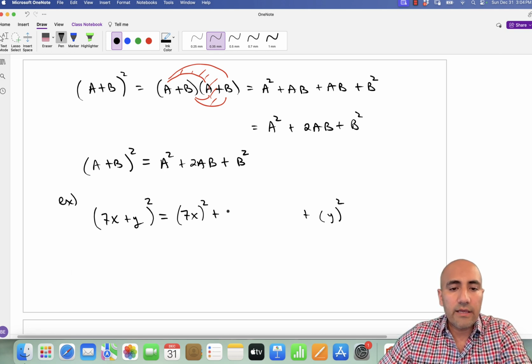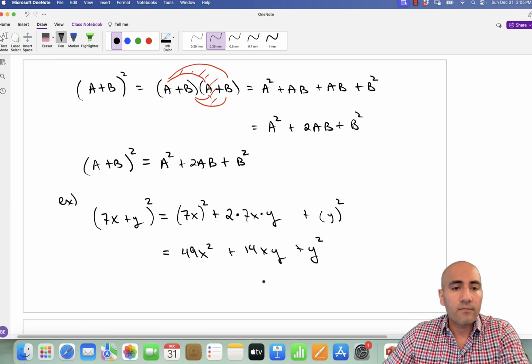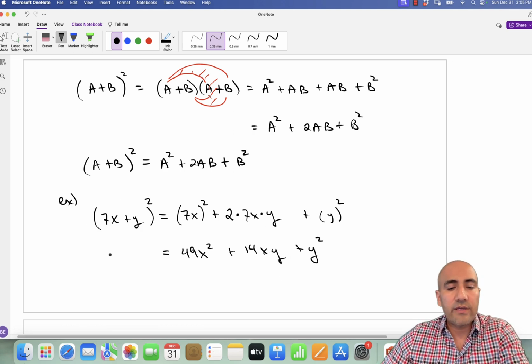Plus the middle is twice the two different terms that are in your binomial. Twice 2 times 7x times y. So then this just simplifies to 49x squared plus 14xy plus y squared. Good, so it's just a pattern that we can recognize, a shortcut that we can use. Good, so that's where that second one comes from.